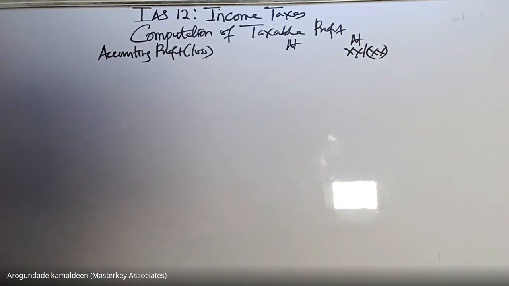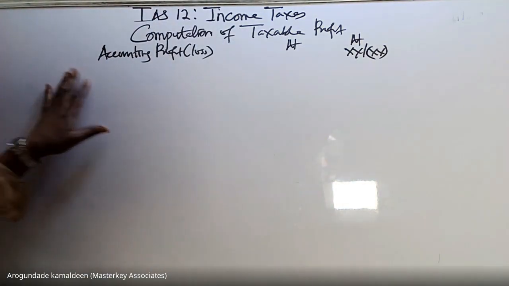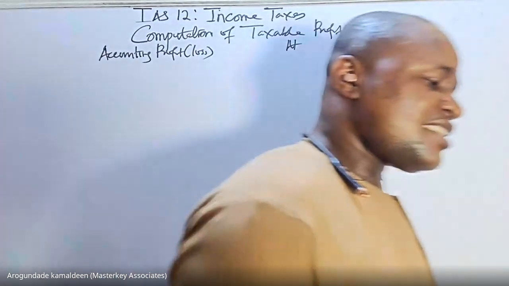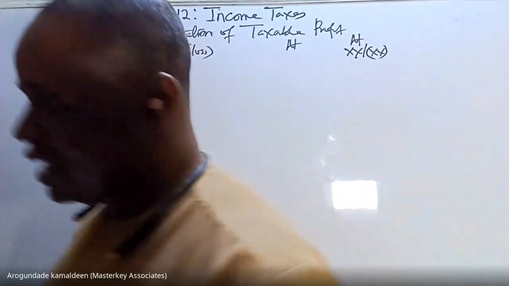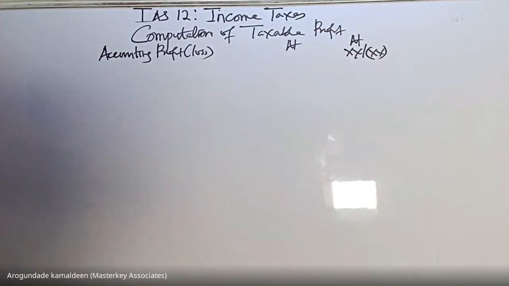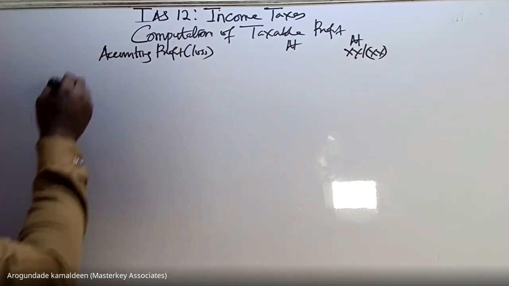Remember, before the taxpayer determines this profit, certain items of expenses must have been deducted, and these expenses might not be allowed for tax computation. They are called disallowed or not allowable expenses. You are going to add them back, based on the question.